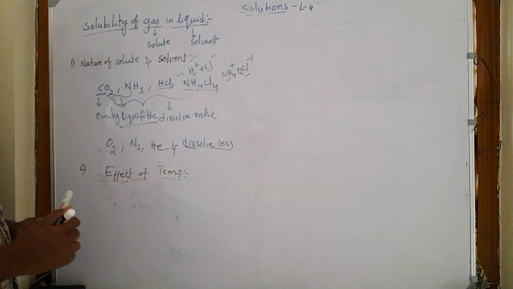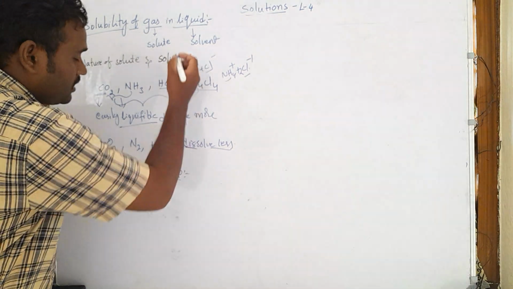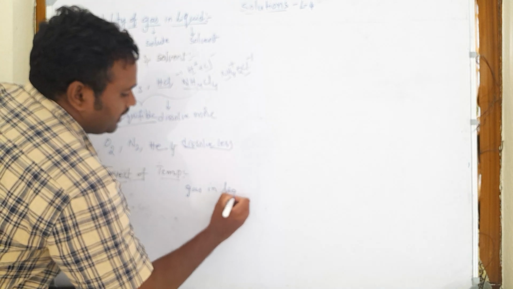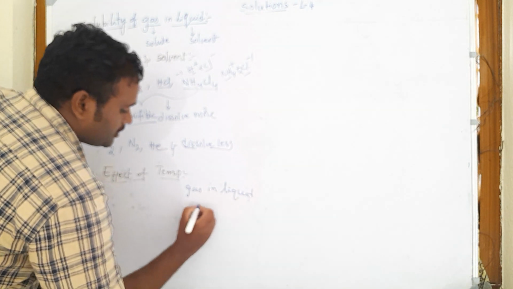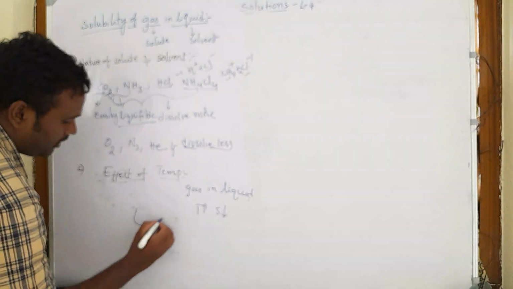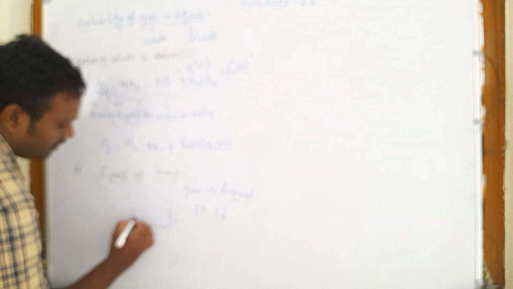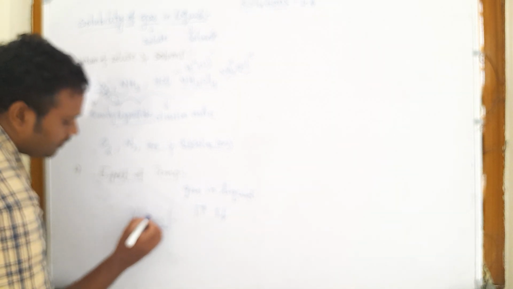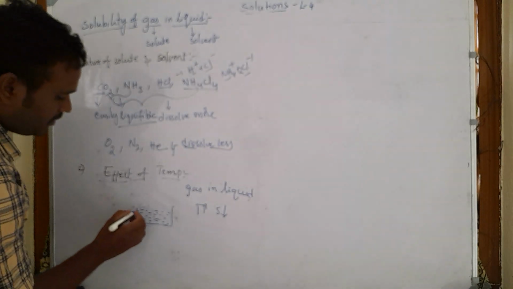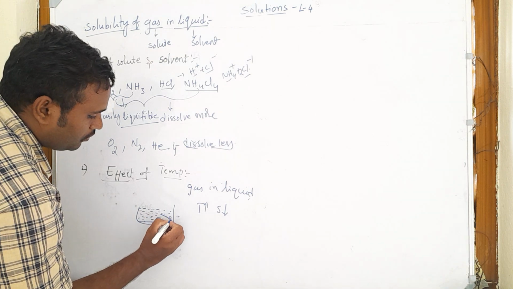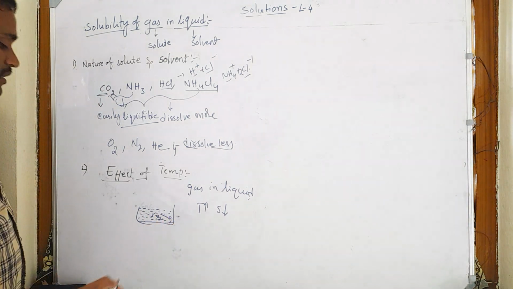But in the case of gas in liquid, as temperature increases, solubility decreases. Why? Because we already know some gas is dissolved in water. Because of the dissolved O2, aquatic animals and aquatic plants are surviving, and dissolved carbon dioxide is present here.